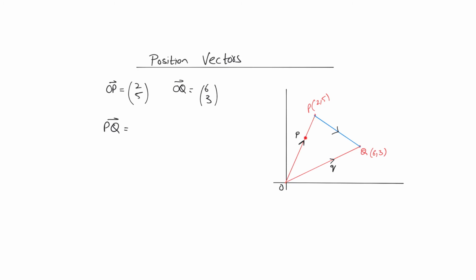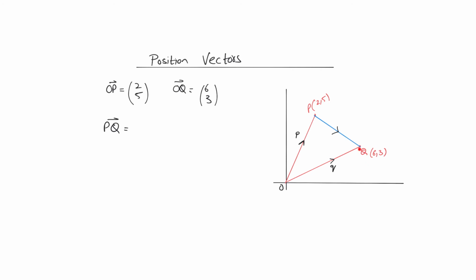OP in terms of its column vector is just going to be the coordinates. So OP means that you need to move 2 units in the x and 5 units in the y direction. So the OP vector is just going to be (2, 5).